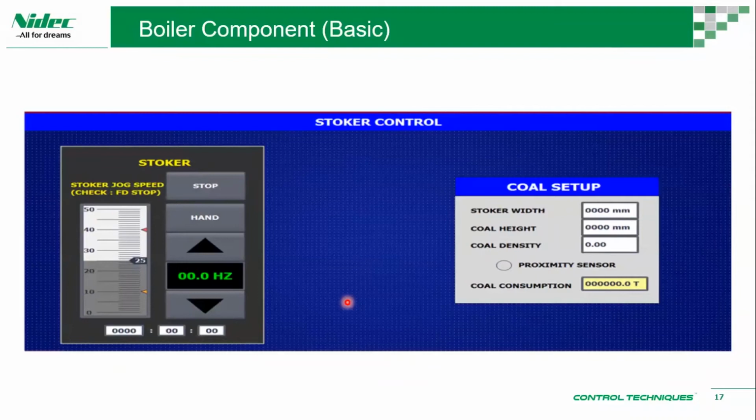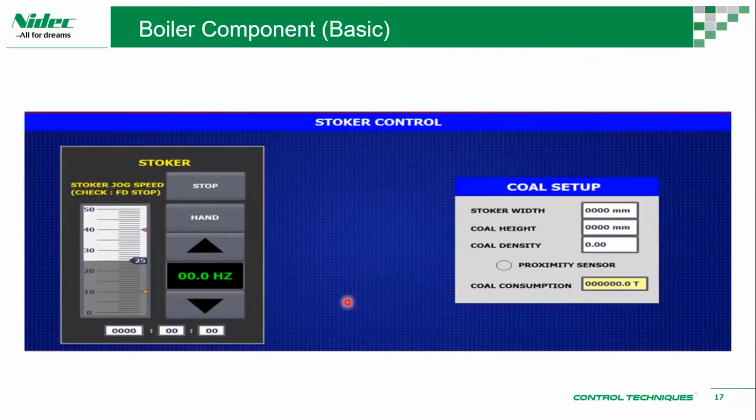The stoker will stop feeding coal to the furnace to reduce the heat transfer. That's the position. But after the pressure is dropping and we want to start the boiler again, the stoker will be running, feeding the furnace, continuously feeding the coal into the furnace.